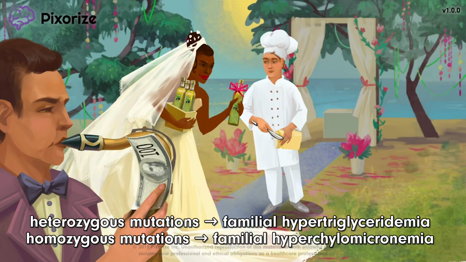Familial hypertriglyceridemia is similar to familial hyperchylomicronemia, but more mild. Both diseases are characterized by high triglyceride levels, since lipoprotein lipase and ApoC2 can't break them down. For more information on these diseases, check out our images on chylomicron metabolism, familial hyperchylomicronemia, and familial hypertriglyceridemia.